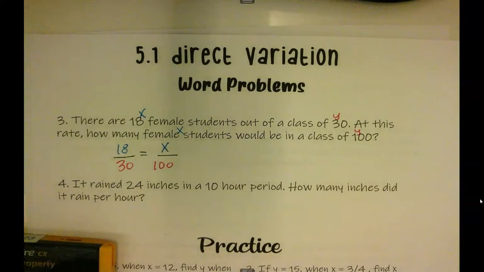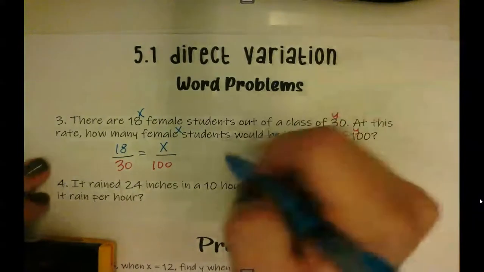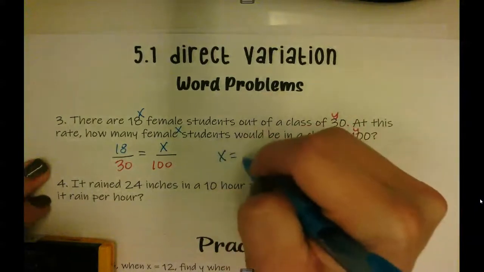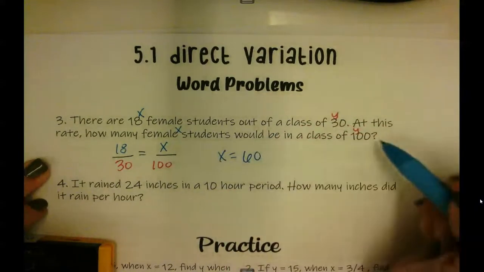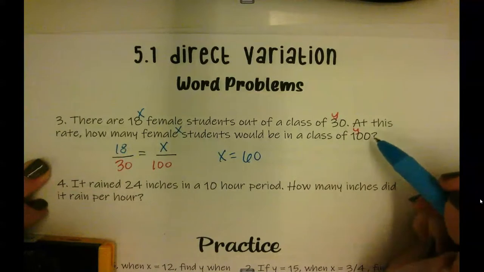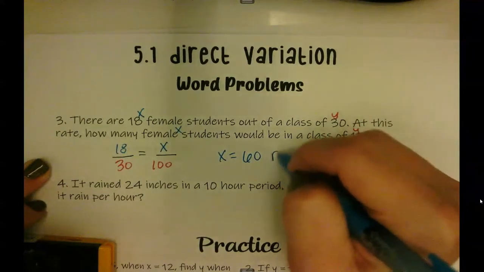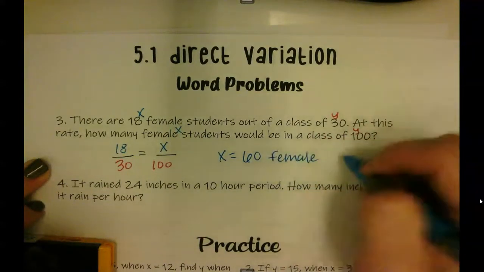And whenever I put that into numerical solve, we've got X equals 60. So when we had a class of 100 students, we would expect 60 to be female students.